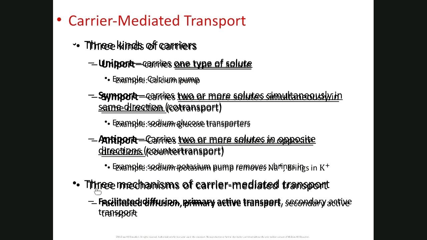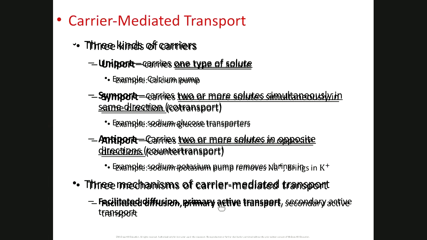It says here 3 mechanisms of carrier-mediated transport. You have facilitated diffusion, which is just what it sounds like. This carrier is going to facilitate or assist some solute to get across that membrane. Primary active transport means this is going to require ATP.